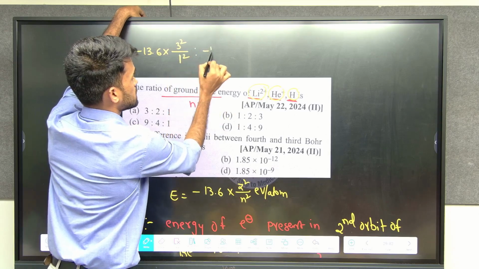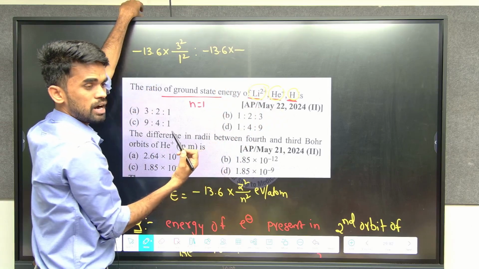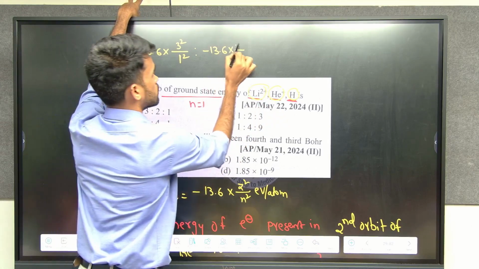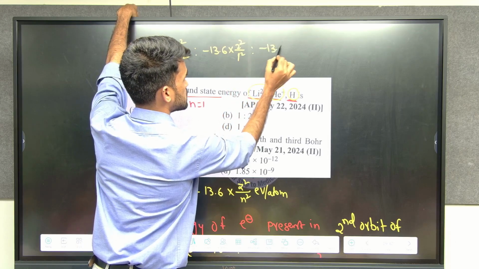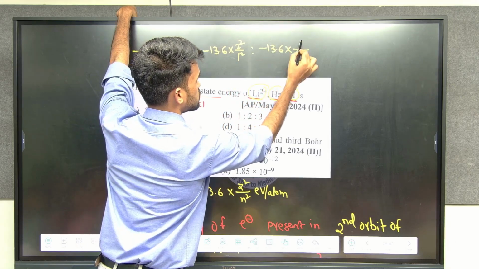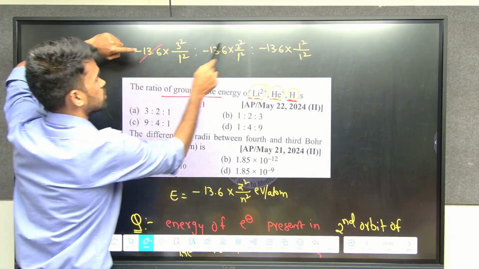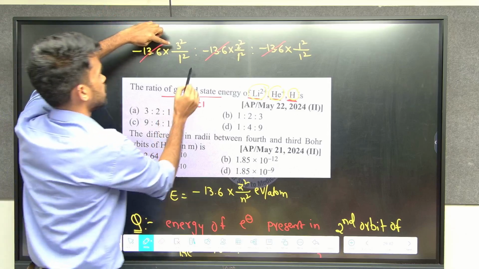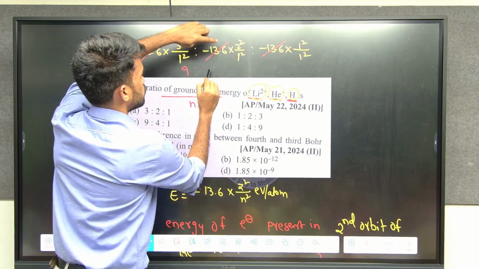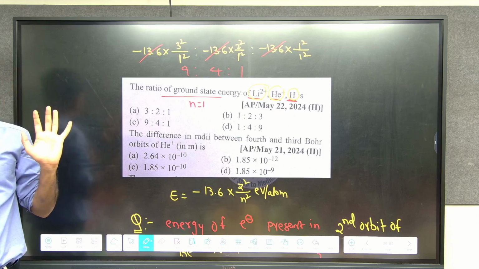Next, minus 13.6 into helium, atomic number 2 square by 1 square. Next, minus 13.6 into 1 square by 1 square. See, this value is the same in all three, so remove it. So the ratio is 9:4:1. Perfect everyone, got this?